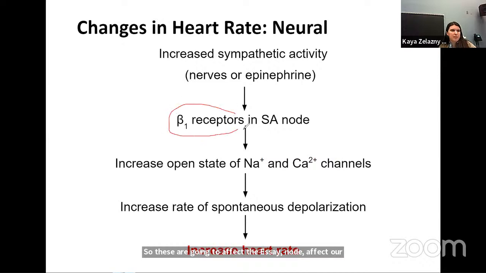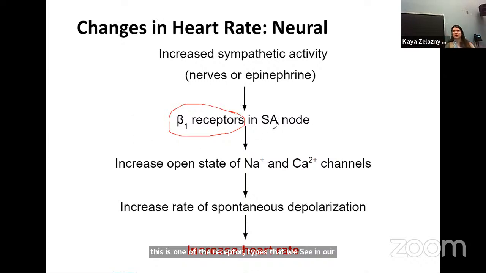Okay, so our beta-1 receptors, right? Beta-1 receptors are a type of adrenergic receptor. So we associate our adrenergic receptors with our epinephrine, norepinephrine, and therefore with the sympathetic nervous system. And so this is one of the receptor types that we see in our effector organs for the sympathetic nervous system, and we see some in the SA node.